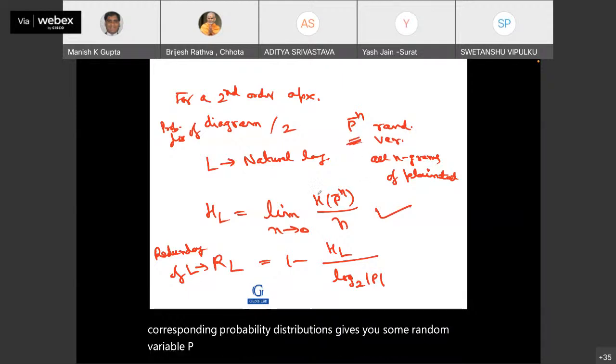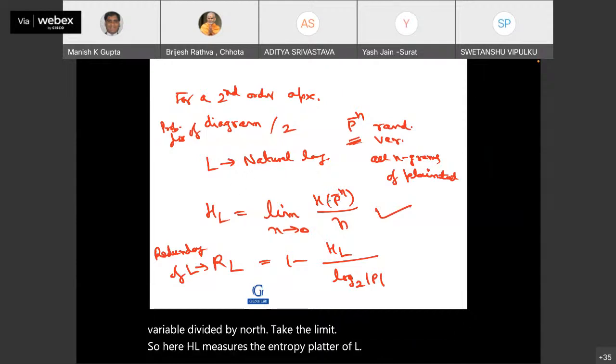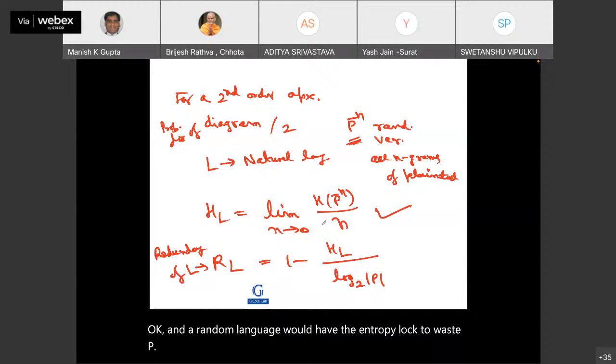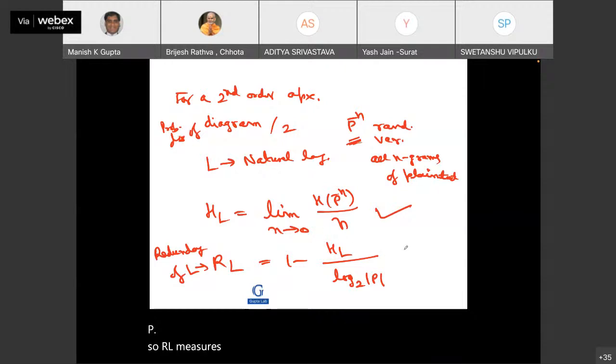We compute the entropy of that random variable, divide by n, take the limit. So here HL measures the entropy per letter of L. Okay, and a random language would have the entropy log base 2 of P. So RL measures the excess characters, because this is a kind of redundancy.